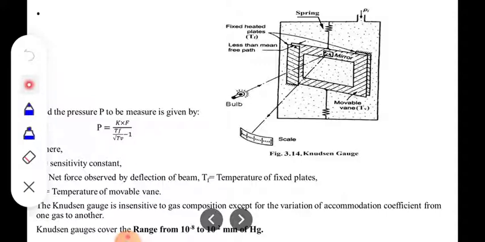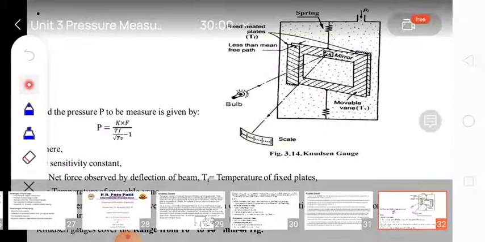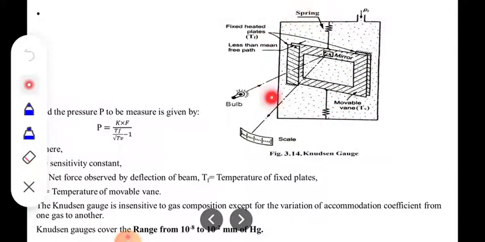In this diagram we can observe that again a square chamber is used. In that square chamber, two fixed plates are used. This one is one fixed plate, and this one is the other fixed plate. Then in between the fixed plates, one movable vane is used.